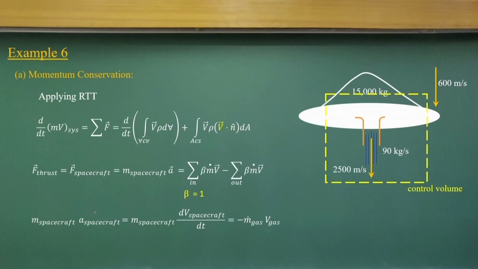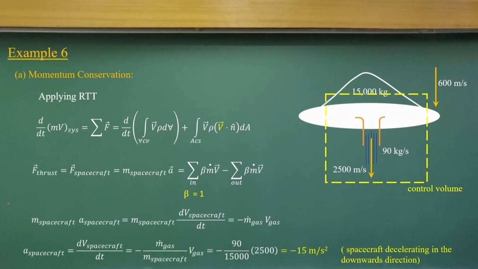In this case, as we have considered earlier, the force component is 0, and only the rate of change of momentum flux within the control volume gives the thrust. That will be the mass of the spacecraft times the acceleration, and the net outflux of momentum flux going out.